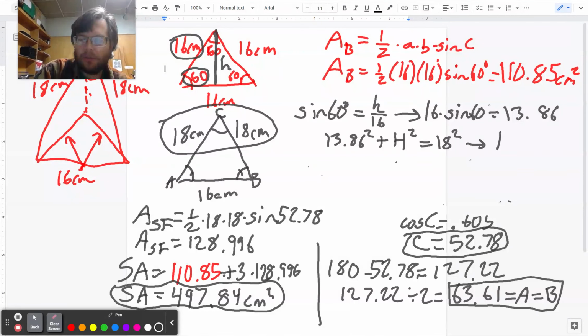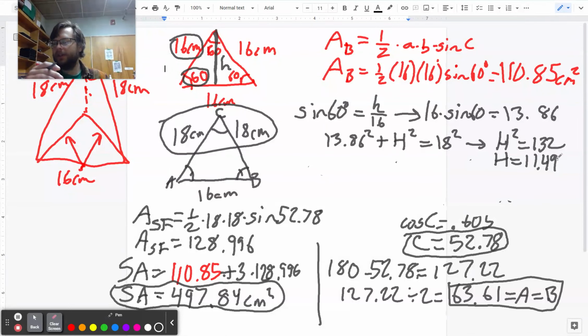Means that the true height is not 132. The true height is the square root of 132. And so the true height comes out to be about 11.49. Let's just check that with the ruler. Does that even seem reasonable? The true height is 11.49. Looks pretty good.